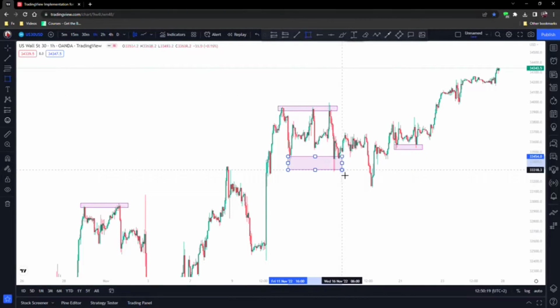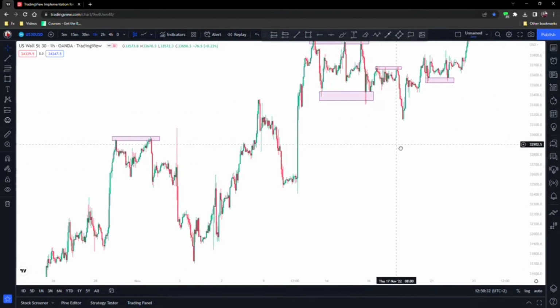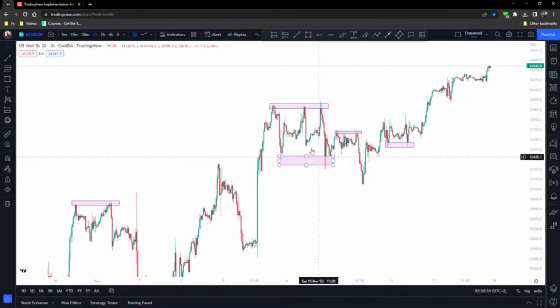We did have our low area right here. So that's our high, that's our low. We did have another high area right there, or support and resistance, because support and resistance and high and low, that's still the same thing.